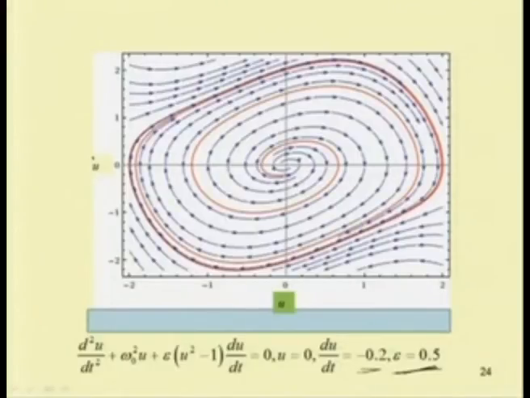One can get this plot, this phase portrait. This phase portrait clearly shows the existence of the limit cycle. Limit cycle means, if you start from an interior point, let this be the interior point.